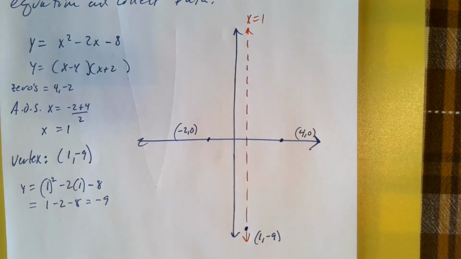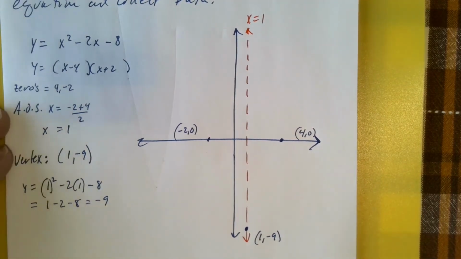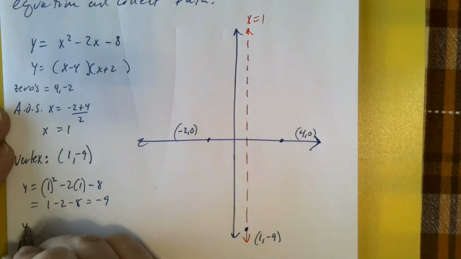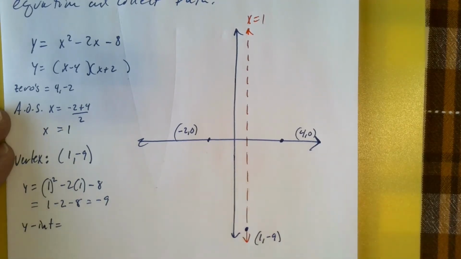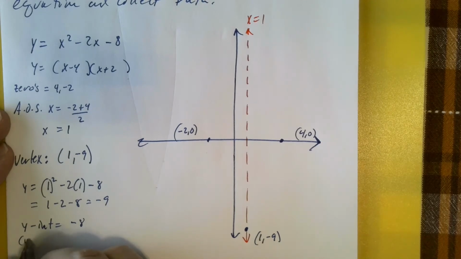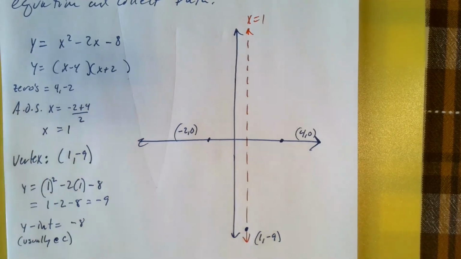Now, what's the only other thing I'm missing to be able to draw this? The y-intercept? Yeah, my y-intercept, right? So where is my y-intercept going to be at? My y-intercept is at negative 8, right? Because it's usually at C. Okay?